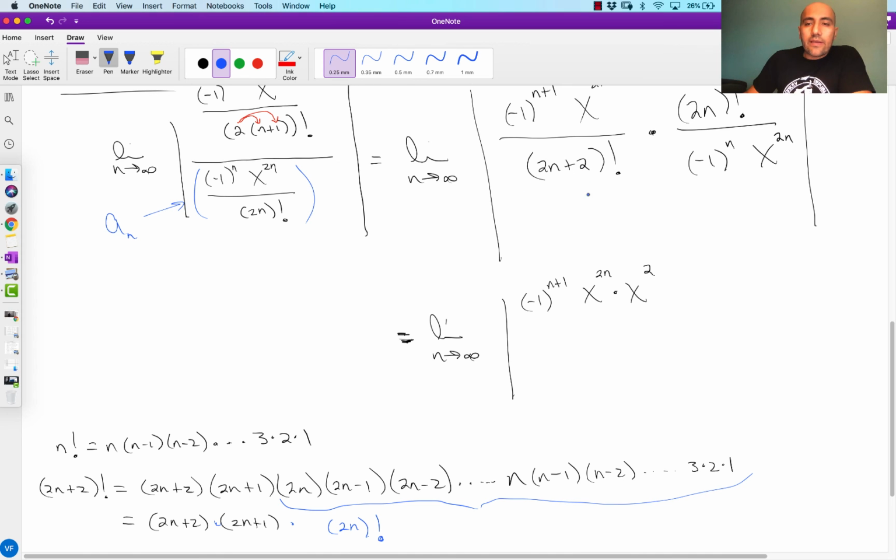And that's what we're going to do right here. I'm going to replace this with that. It's going to be equal to 2n plus 2 times 2n plus 1 times 2n factorial. Right? And that's this. And then we want to continue to simplify. Okay, so let me erase this. Hopefully that made sense.